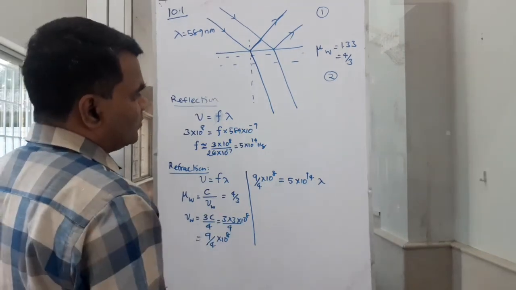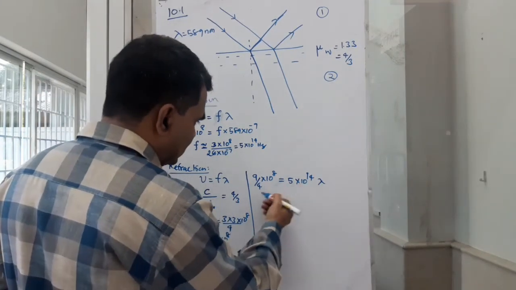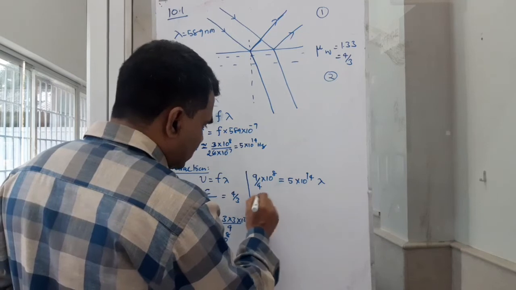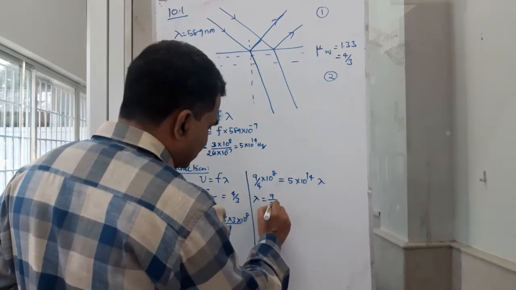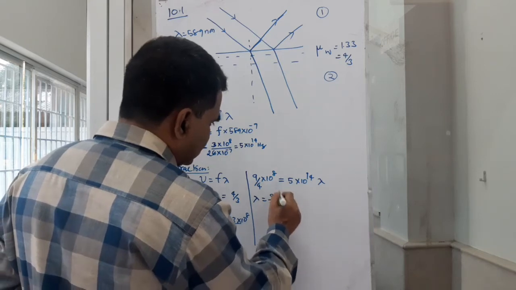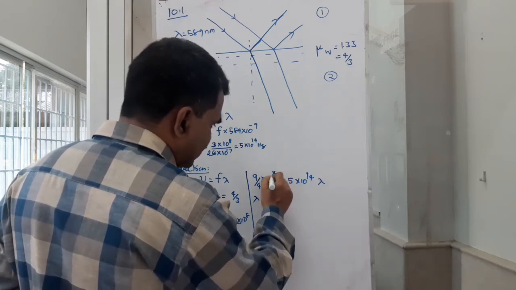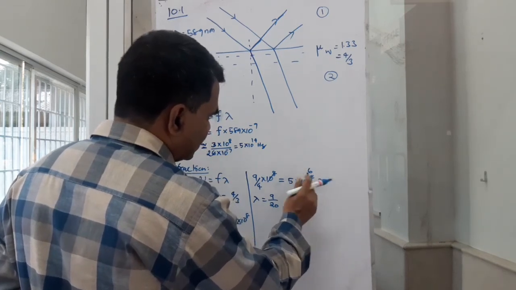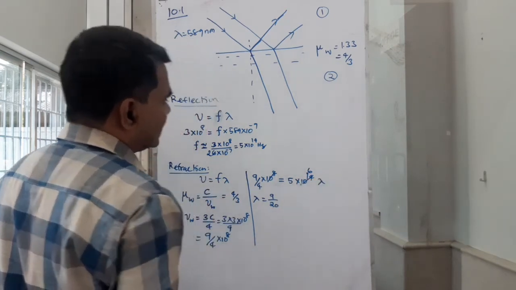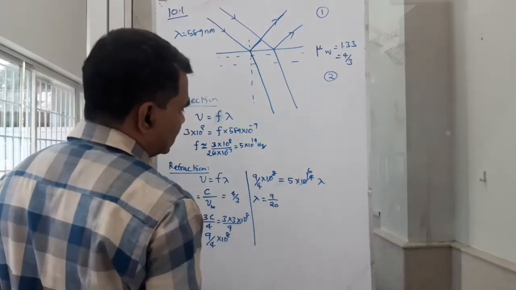So lambda is equal to 9 by 20 into 10 power 8 divided by 10 power 14. That's what you'll get.